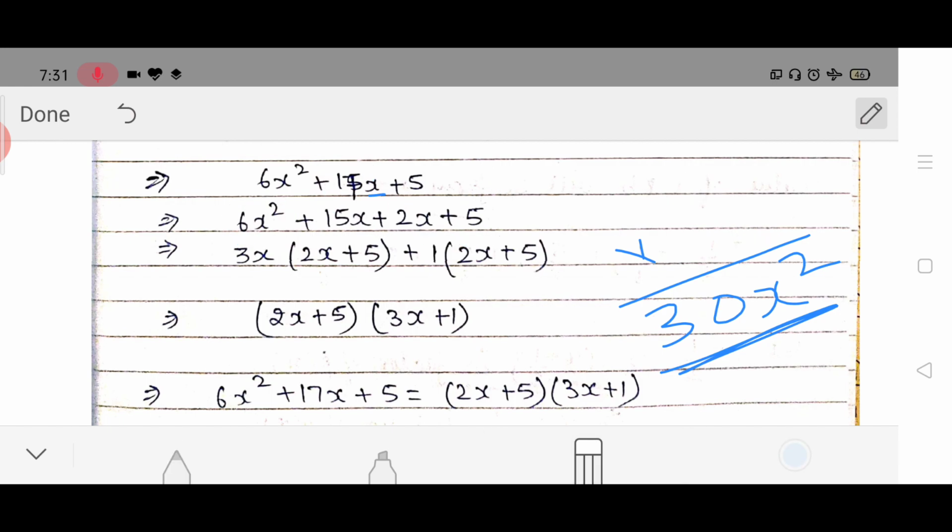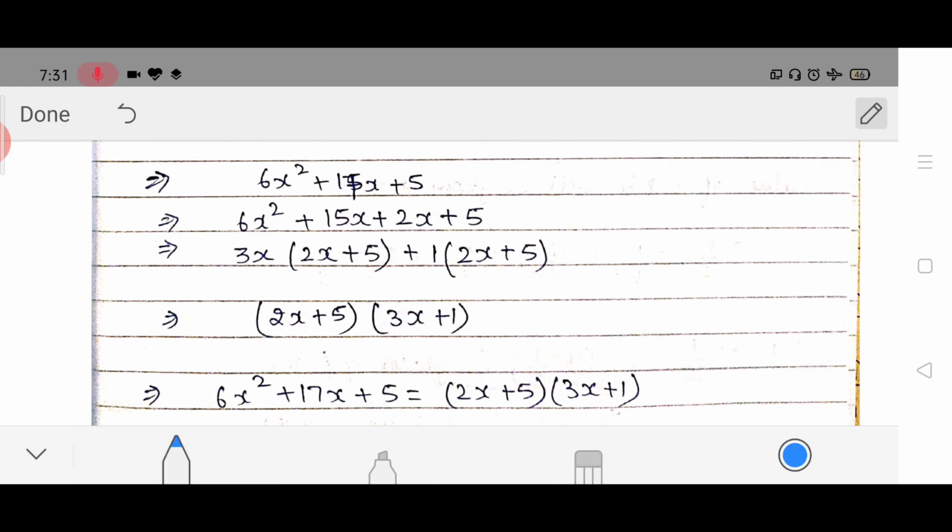So moving on, what will you do now? As you can see from the second line, the first and second terms both contain x, so you will take x common from here. And what else is common? You can see 6 and 15 both come in the table of 3, so you can take 3x common here. So what is left inside?